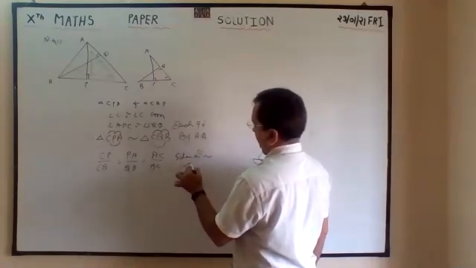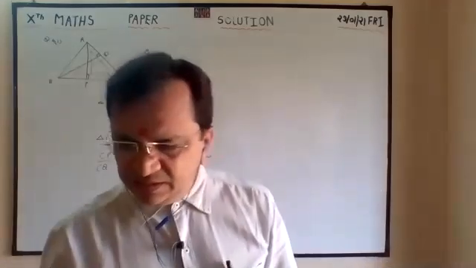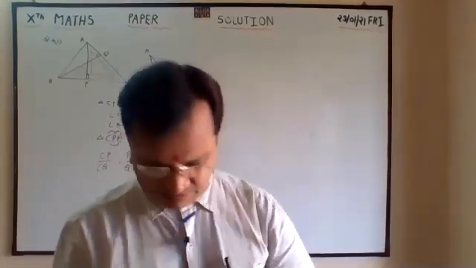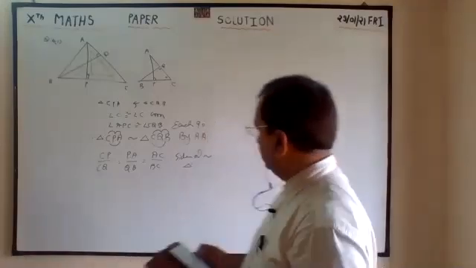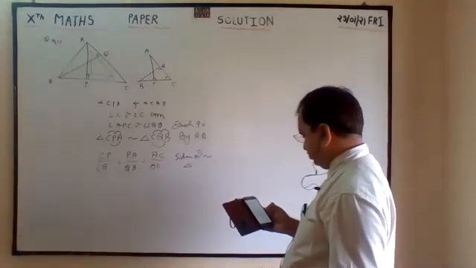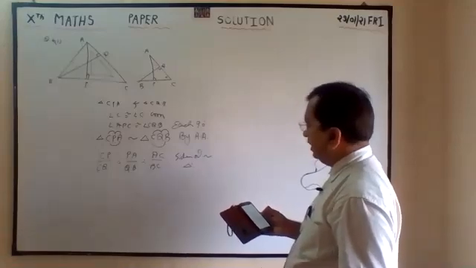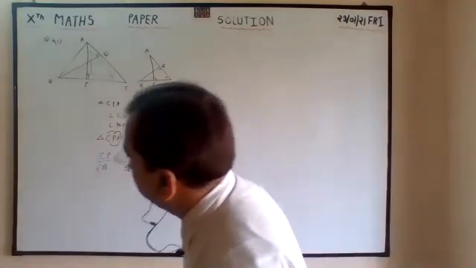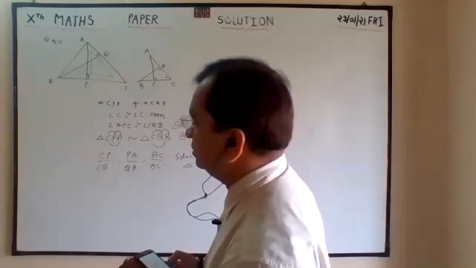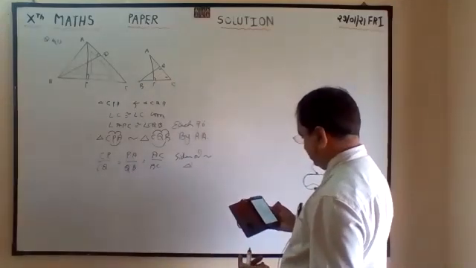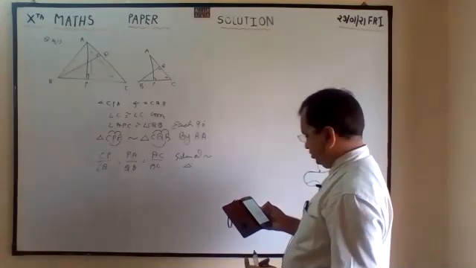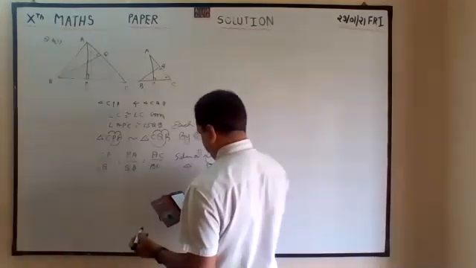Sides of similar triangle. Then AP is 12, BQ is 12, BC is 12. So we will substitute.